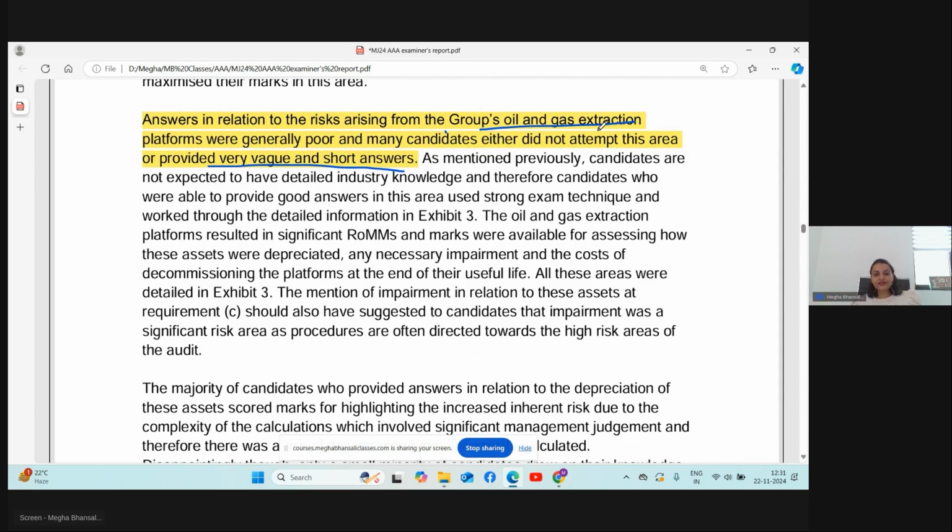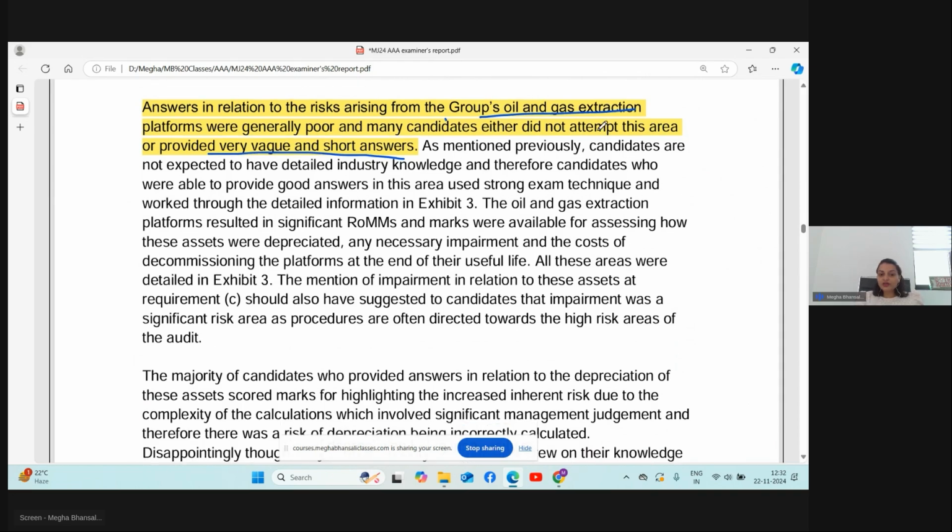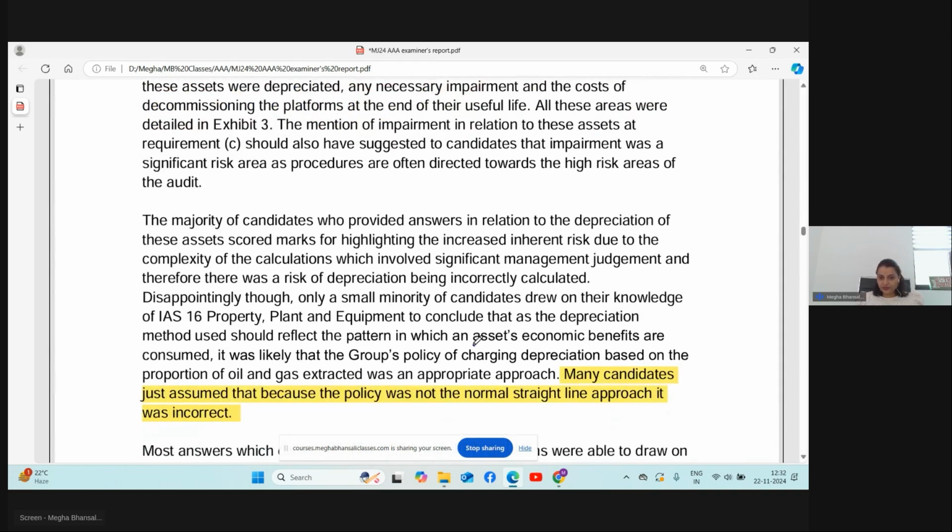What they have done is they have assessed, let's say for example, that 15 tons of oil can be extracted. Out of 15, if I have extracted 5, that means one third of my asset has been used. So that's how they are depreciating it, which is not wrong because we have to depreciate based on the consumption of the asset's economic benefits or the useful life.